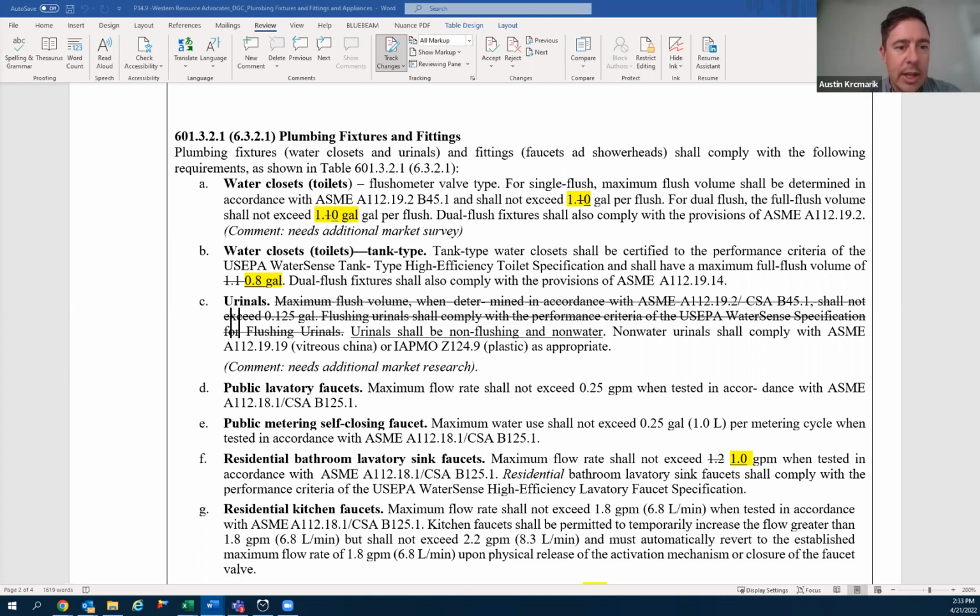I personally don't have any issue with lowering the gallons per flush on any of these, and I agree with the thought that we should continue to push for water efficiency. From my experience with the programs that Denver Water has run, we have not run into issues using the most efficient ones on the market.